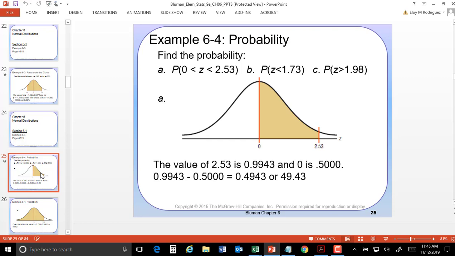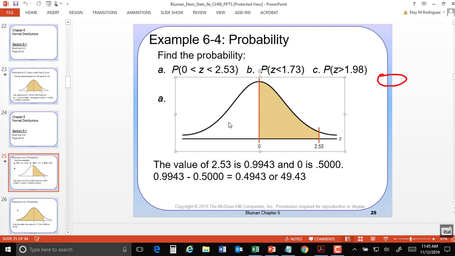What's the whole area? So guess what it is from 0 on back? Yep, half, right? 50%. Correct? Because it's symmetric. Yes or no?